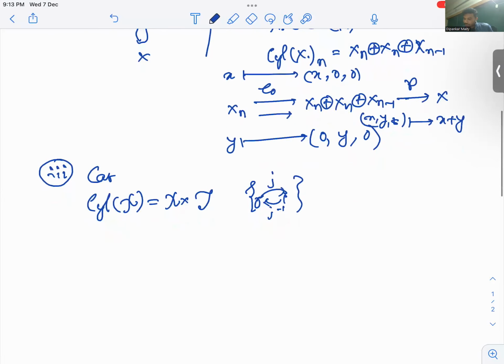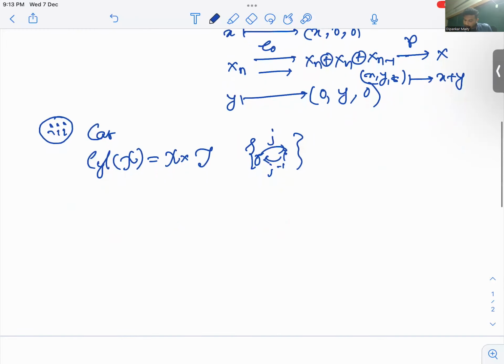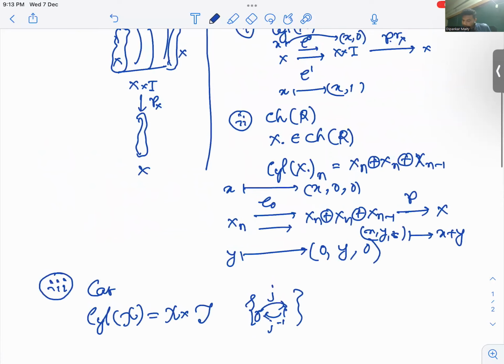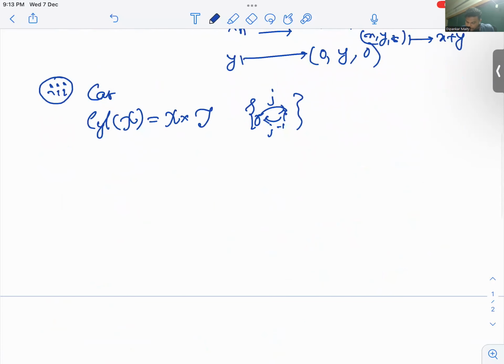Well, if you see carefully, then you would notice that in most of the examples, the construction is actually functorial. By that, what I mean is that not only are we giving an object for every object X, but we are doing it functorially.